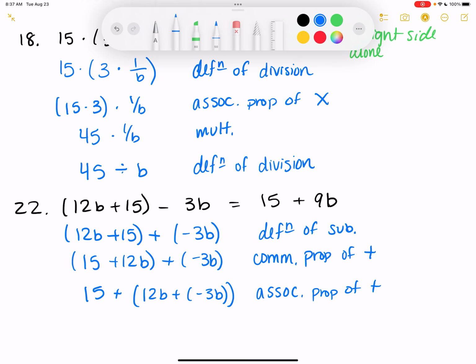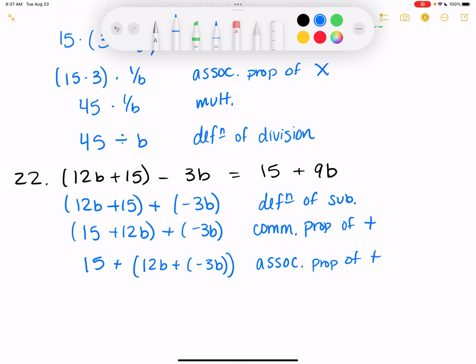And then lastly, what do I need to do? Add negative 3 and 12. So it's going to be 15 plus 9b. And what allows me to do that? Just adding like terms, or combine like terms, however you want to put it.